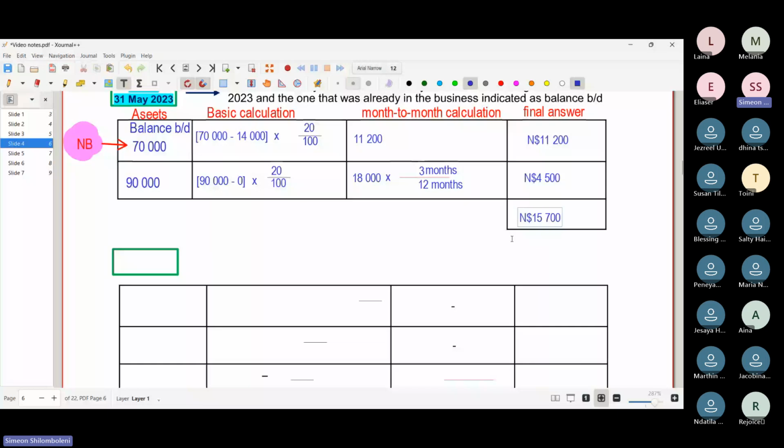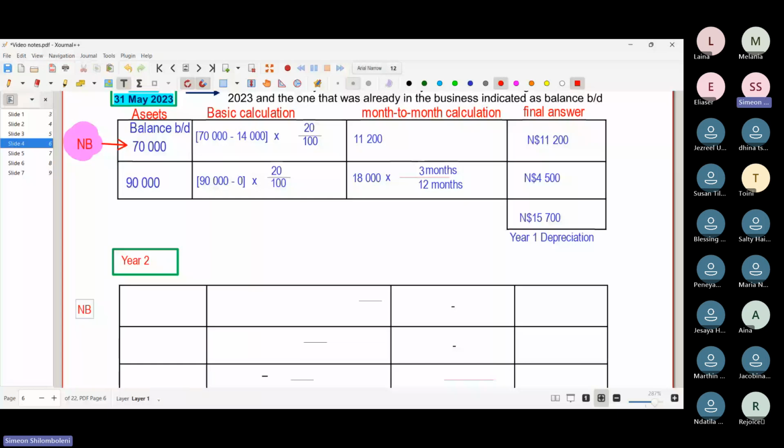So I'm going to write here, year one depreciation. Now we are coming now to year two. Year two, I'm still going to start with what we call NB. I'm still going to write NB here.